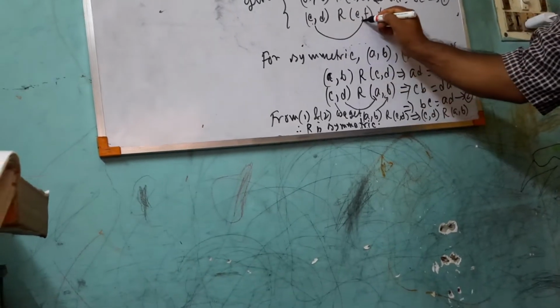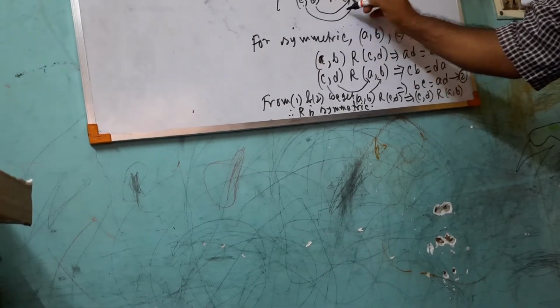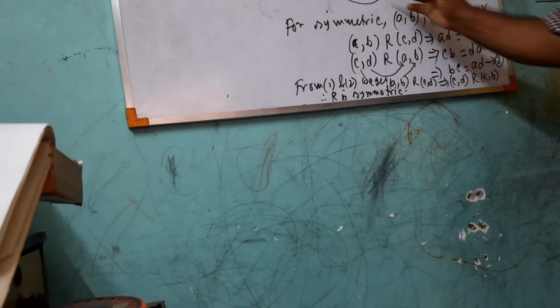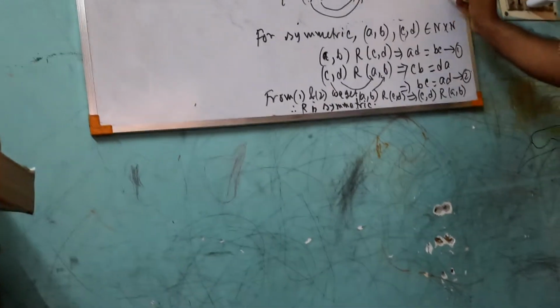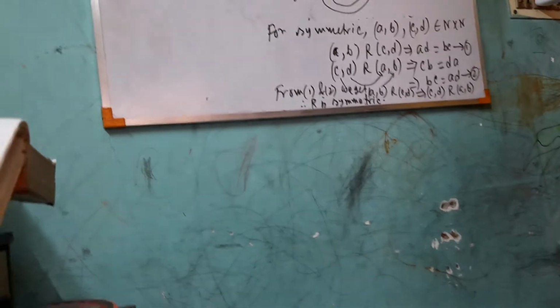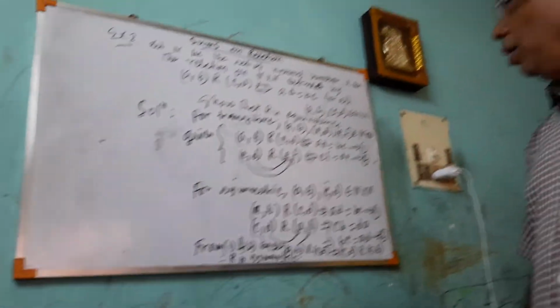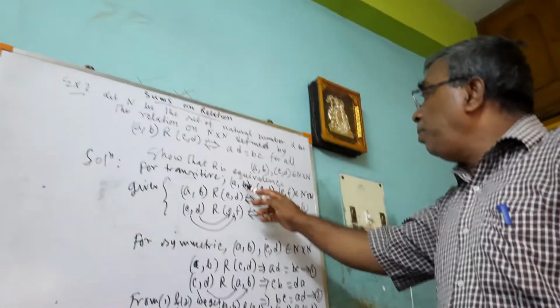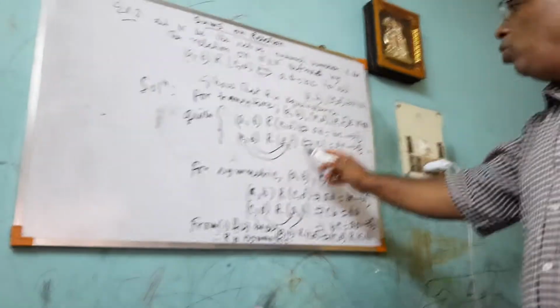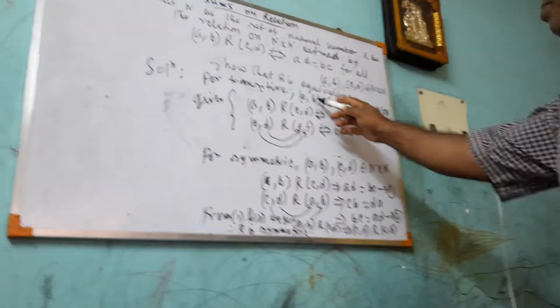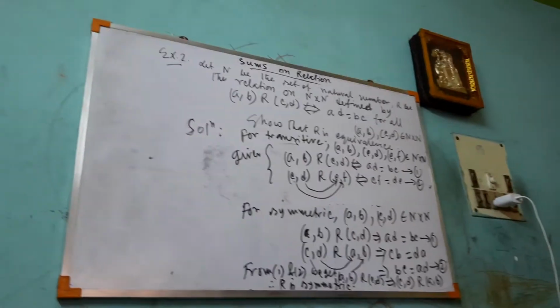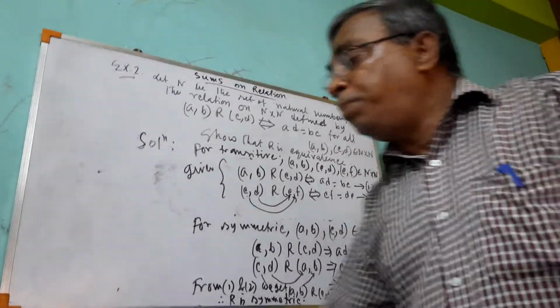This is 2. Now we have to see whether (a,b) R (e,f) or not. These two are given, this related to this related to this, then we have to see (a,b) R (e,f) or not. This is the rule of transitive.